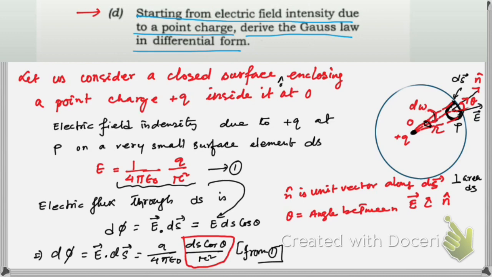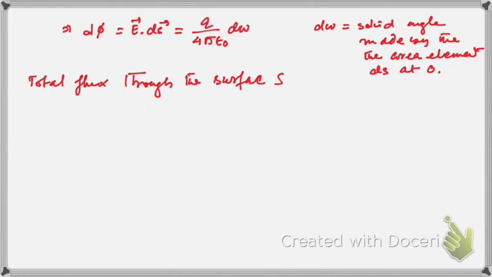Let me mention one more thing of area S. So through the surface S, that is phi, is equal to the surface integral E dot dS. So if you integrate this, then only you will get the total flux through the whole surface, right?